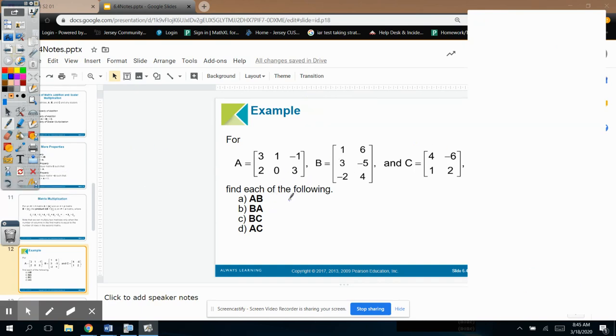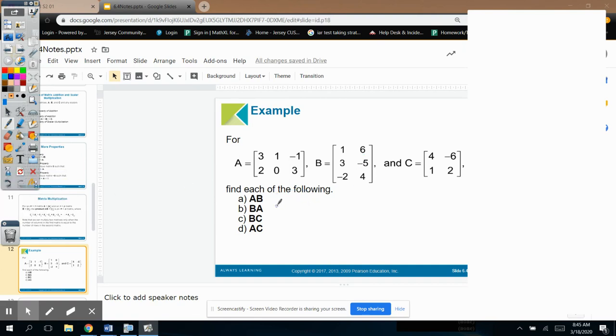Can they be multiplied? So A times B. Well, A is a 2 by 3. B is a 3 by 2. So can they be multiplied? There's the match. The answer is yes. And the result will be what's left, a 2 by 2. Can B times A be multiplied?